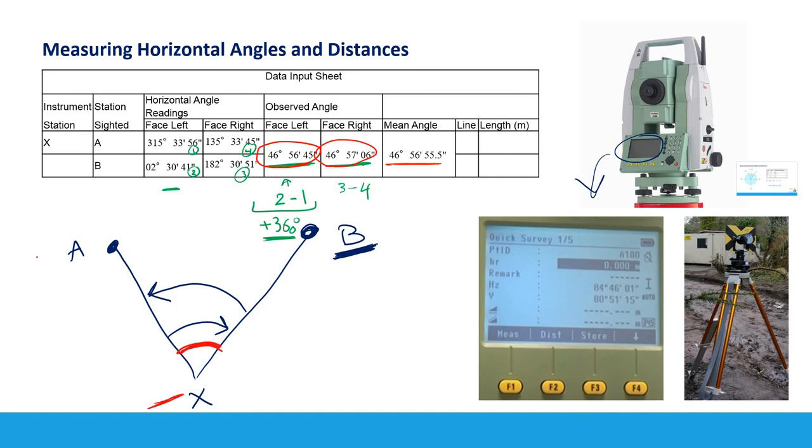And don't forget, if you need the horizontal distances between x and A, x and B, just press the button to get the distance on the screen of your total station, and then you will write it down here, the distance between x and A, x and B.